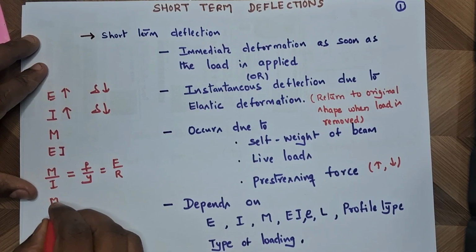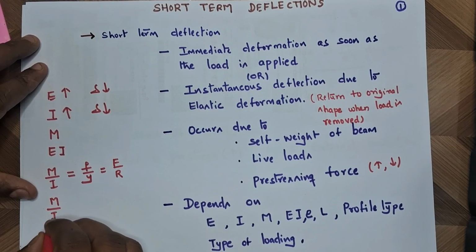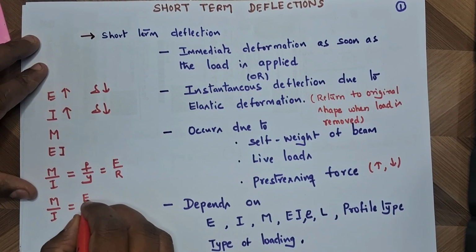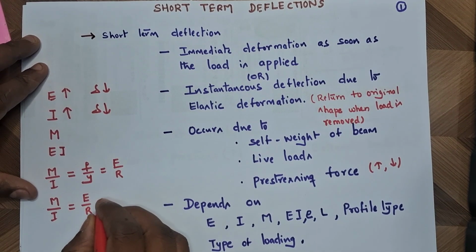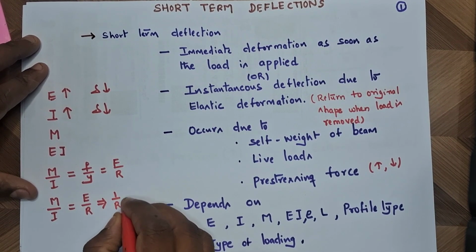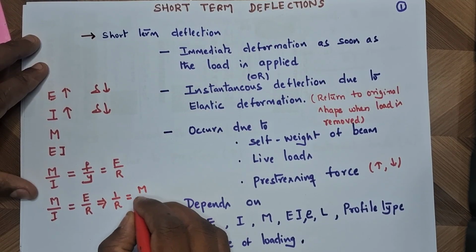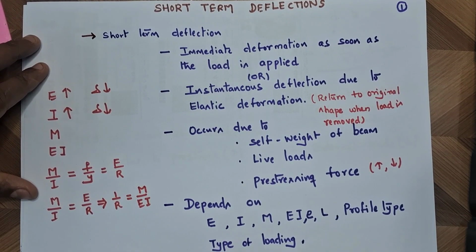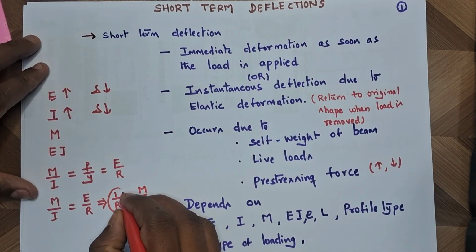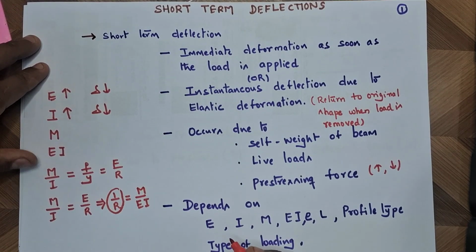That's why I am taking these values. M by I is equal to E by R. From here, 1 by R is equal to M by EI. This is some deflection we can say.